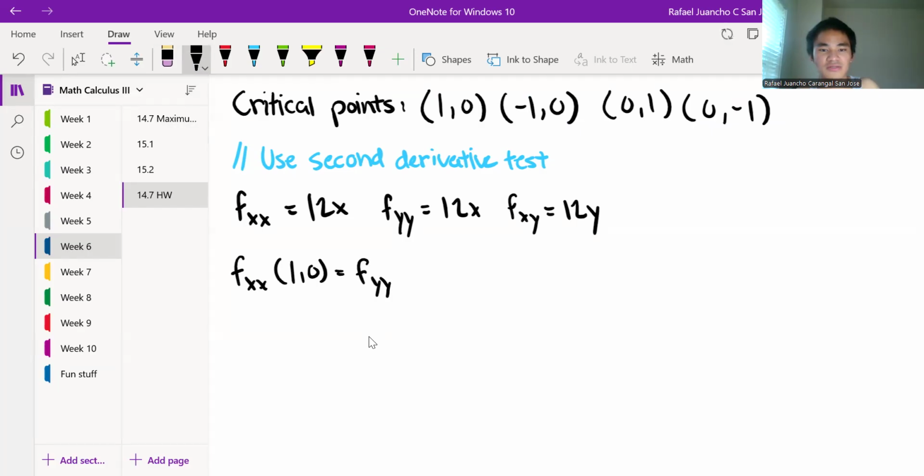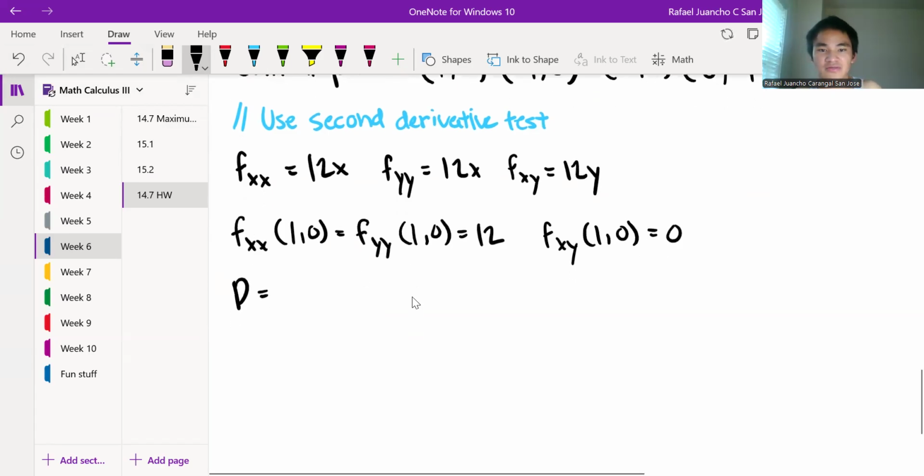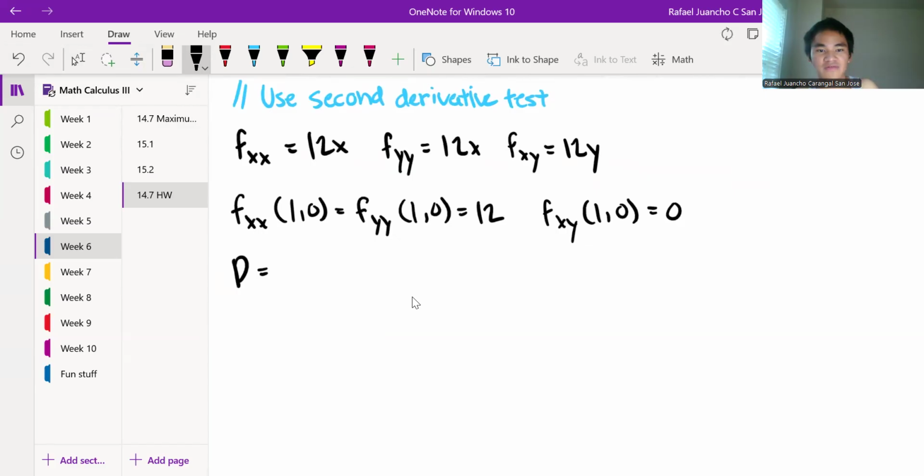This is equal to this. This is just 12, right? My fxy, however, is 12 times 0, which is 0, right? And so if I use my formula here, well, I get fxx, so 12 times 12.